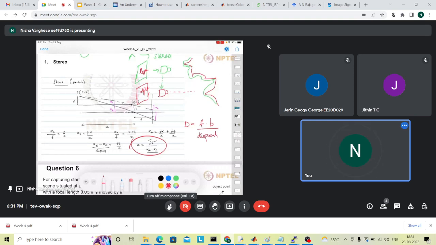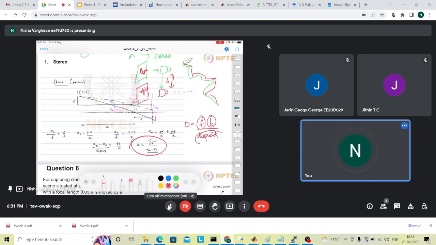So what is B? How much we shifted the camera, that is the value of B. While capturing the images, we know the value of B. So we know B, and if we know F and the disparity.